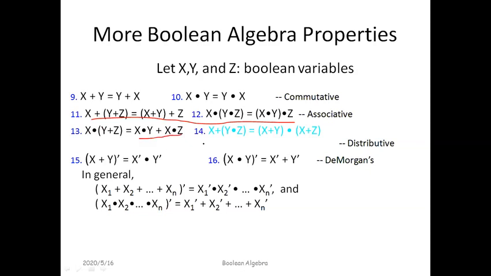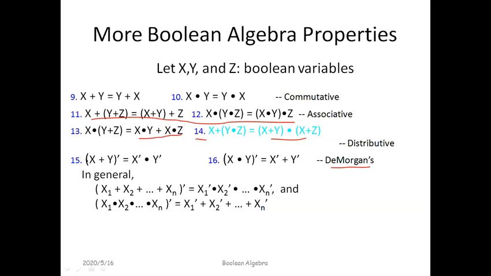Then on the 14th one, still under distributive, expanding out this expression would mean x plus y in brackets dot x plus z in brackets, which is what is happening here. This is the distributive law. Then we come to De Morgan's laws. These are extremely important laws that are used in the simplification of Boolean algebraic expressions.